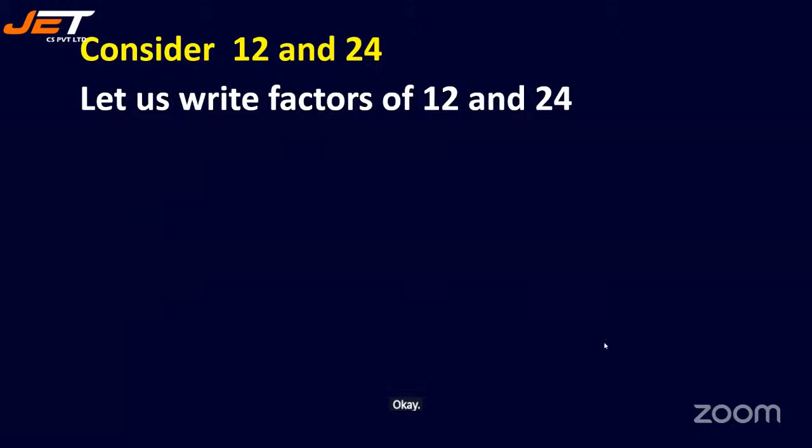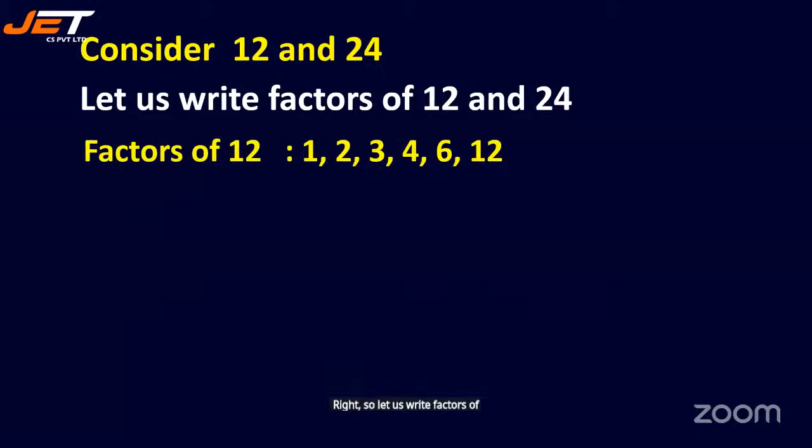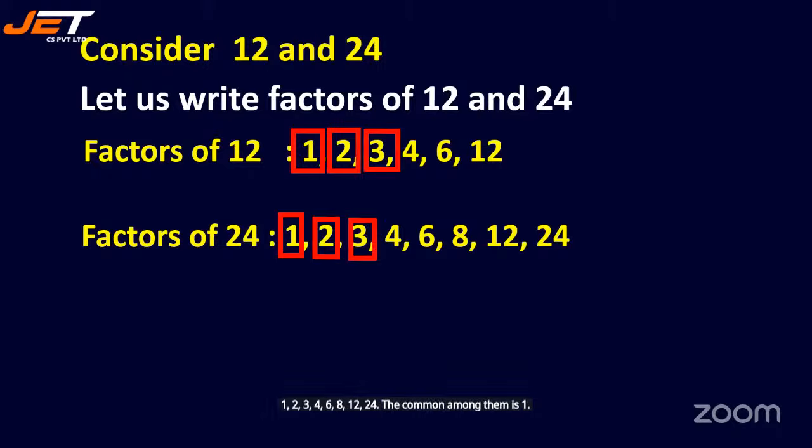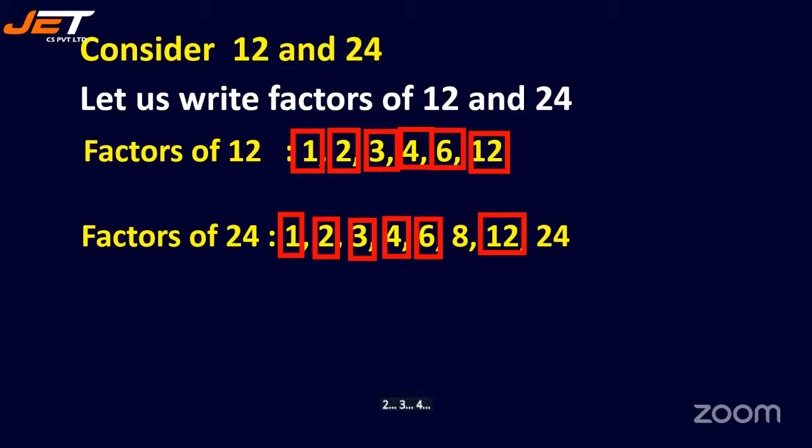Right. So let us write the factors of 12. That is 1, 2, 3, 4, 6, 12. Right? The factors of 12. Next for 24, it is 1, 2, 3, 4, 6, 8, 12, 24. The common among them are 1, 2, 3, 4, 6, 12.